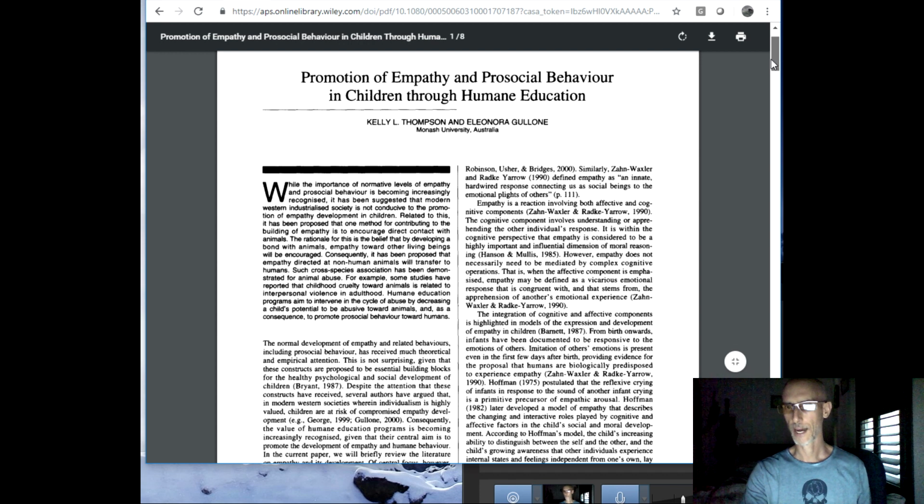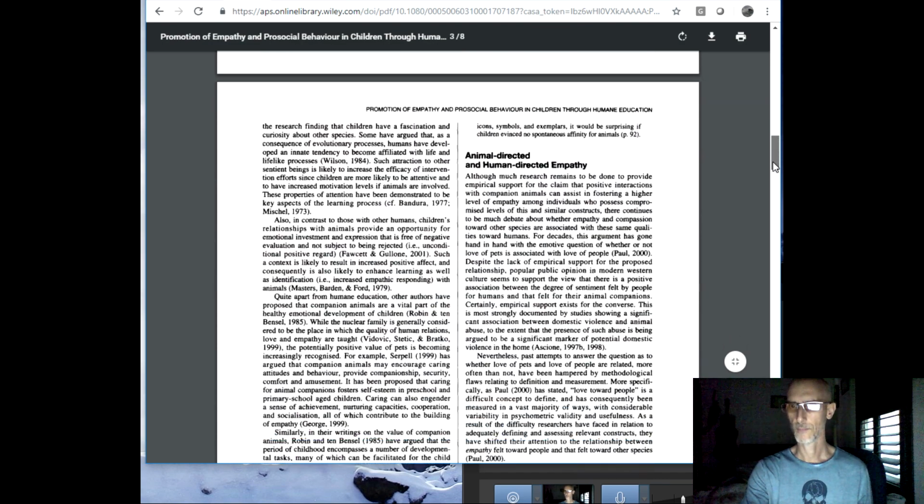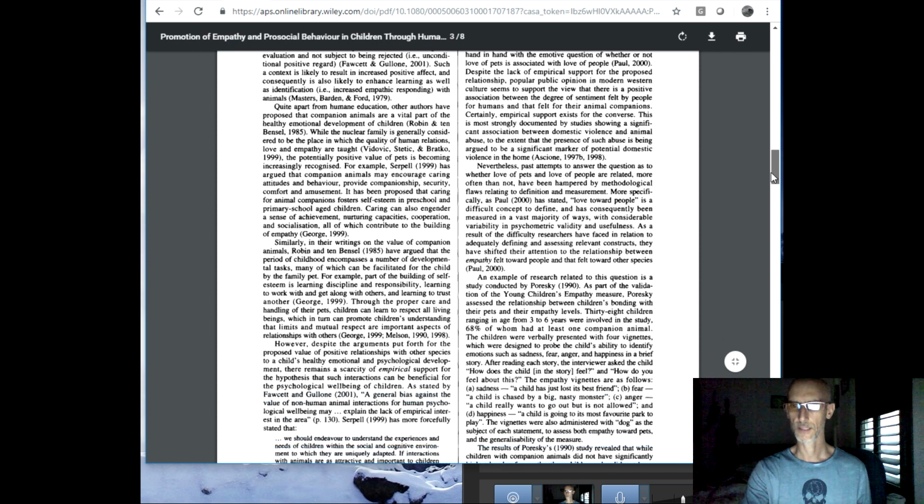One way that they're going about it in this study is by proposing and then assessing the interactions between animals, and then the likelihood that children will then display more empathy towards other children, and there's associations there, as well as, of course, what pretty much anybody already knows, that when there's violence towards animals, those children end up showing violence towards people when they get older too. There's that and more here in this study.